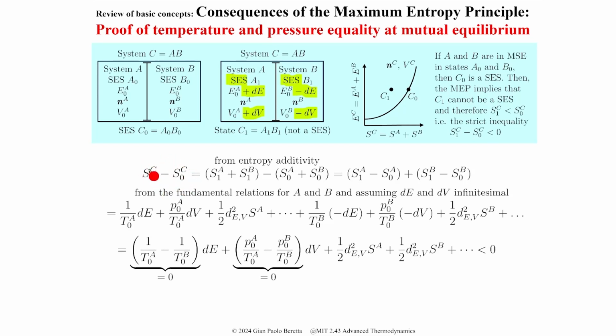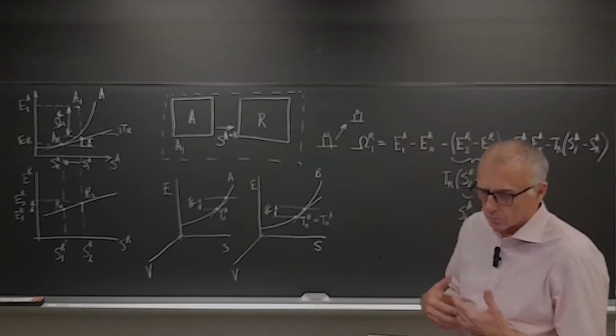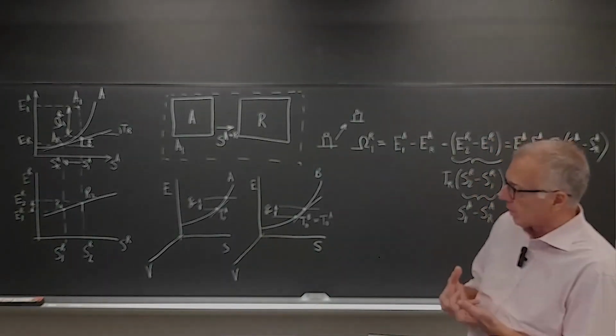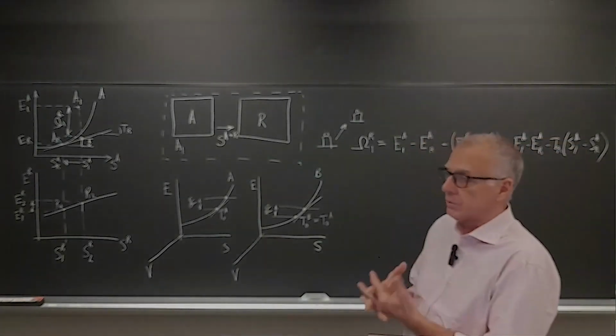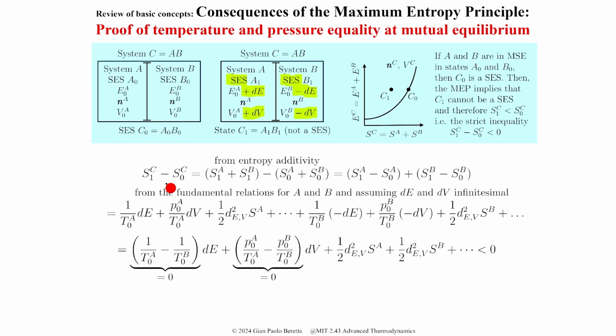We want to compute this, and we end up imposing that it must be negative. Then the next steps are simply using the additivity of entropy. So in initial and final state, the entropy of C is the sum of the entropies of A and B. Just rearrange so that it's the additivity of the entropy differences.